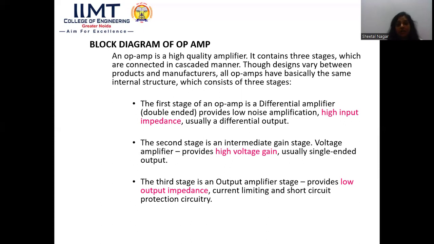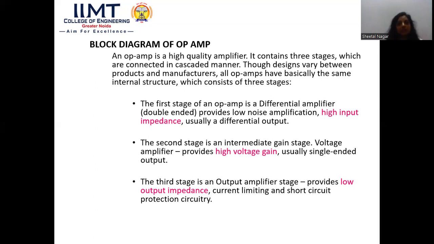But since we are talking about an ideal operational amplifier, its voltage gain must be infinite. Infinite input impedance, zero output impedance, and both input and output impedance are determined by the internal structure of the operational amplifier.